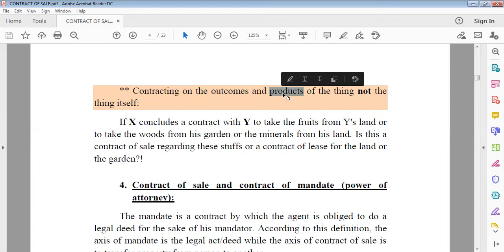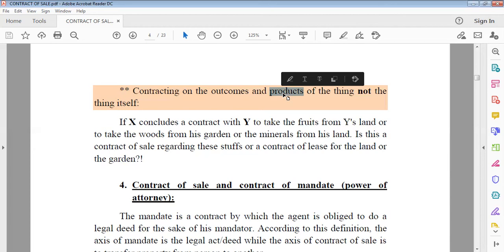Then it is said that the contract here is a contract of sale, simply because the petrol which goes from the land for the sake of that company will never come back to the land. I mean, when you take the petrol, it will decrease the amount of petrol found in the depth of my ground.